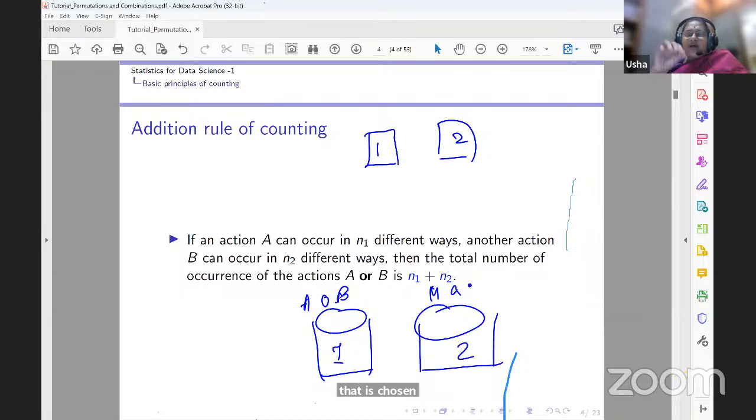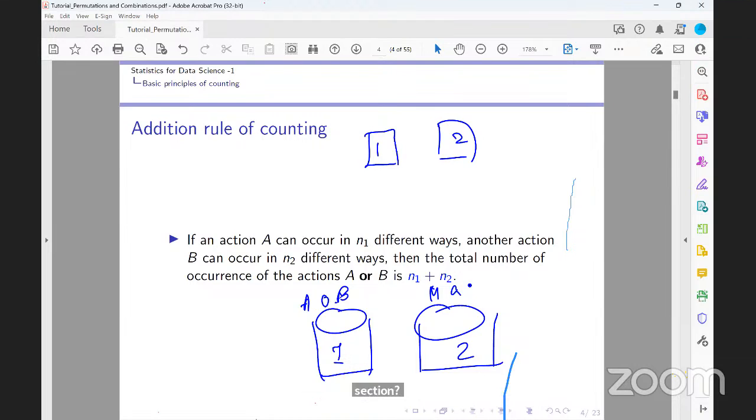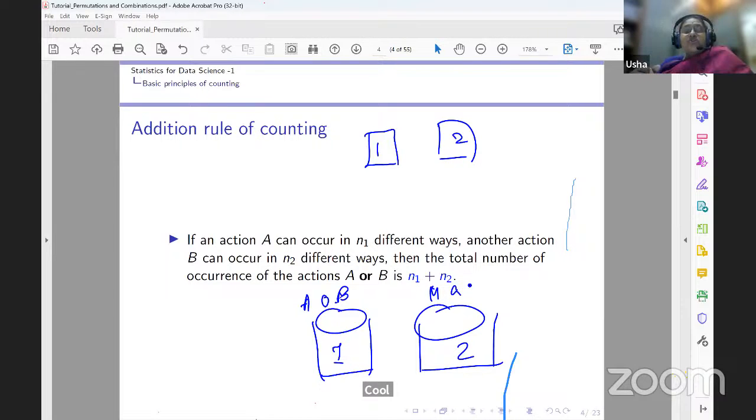So the first one is choosing and the second is rolling. How many ways can I do the first action? 2 ways. Second action, 6 ways. So if I choose a die and roll only 1 die, what are the total possible number of outcomes?